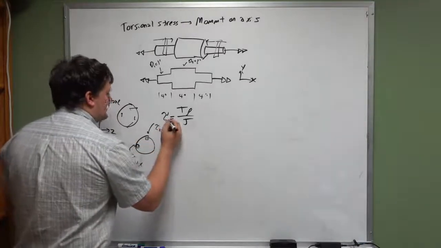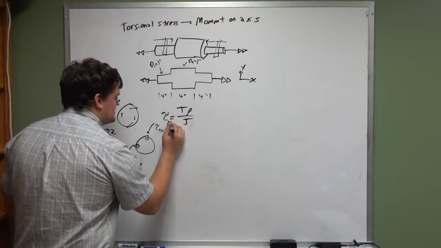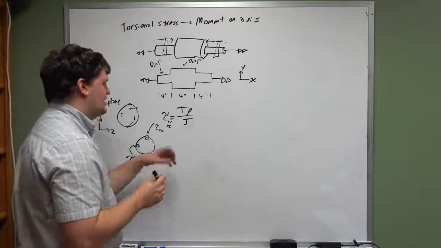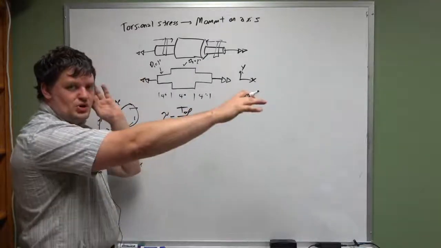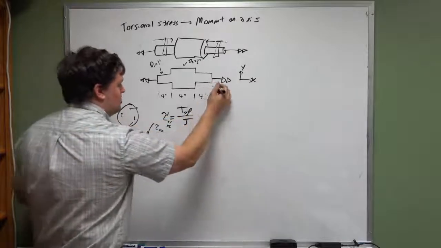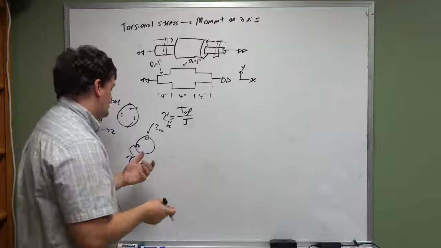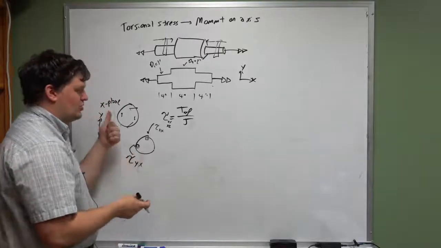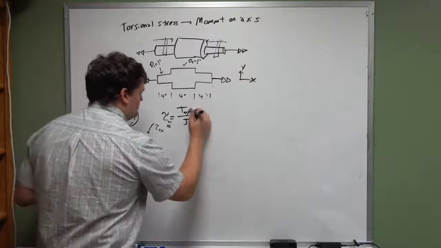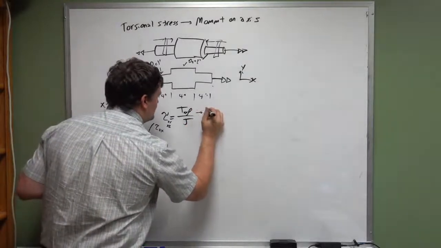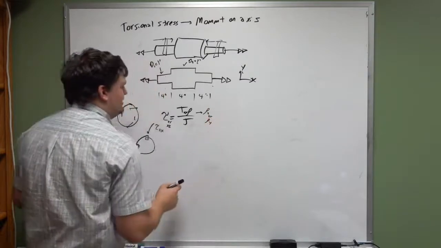This could be tau xy or tau xz, and this is equal to T, which is the moment in the x direction, times rho, which is either going to be in the z direction or the y direction. So this is rho z or rho y.